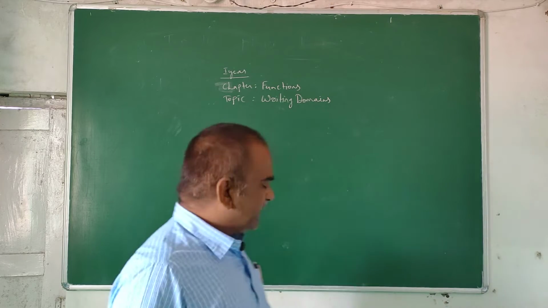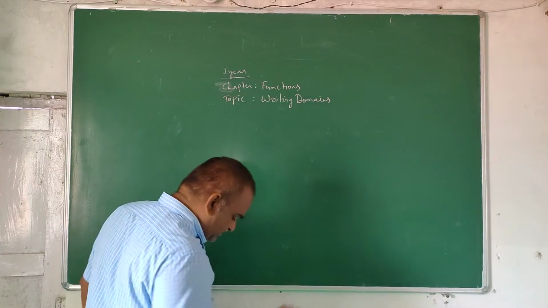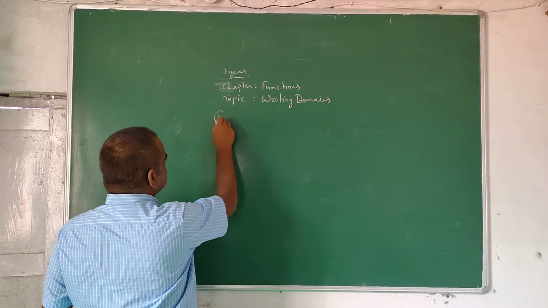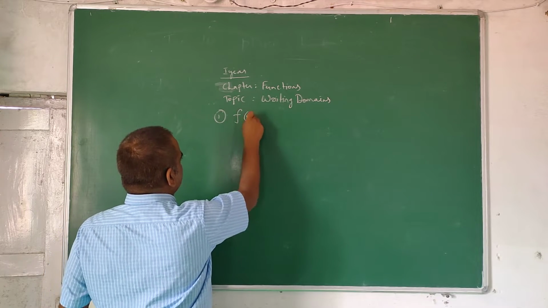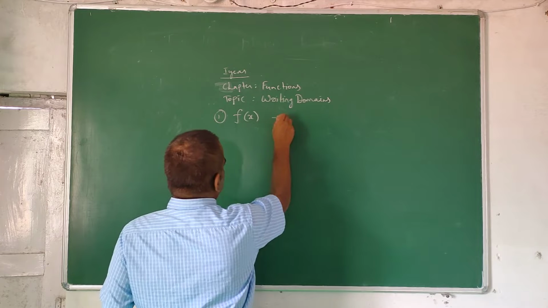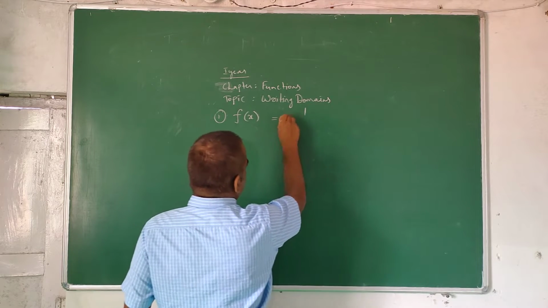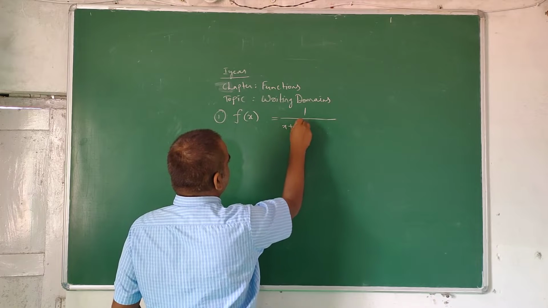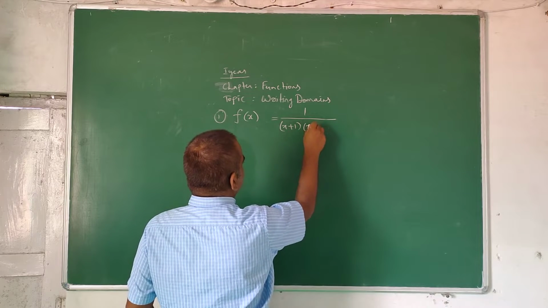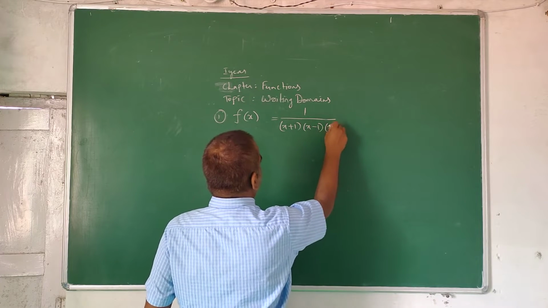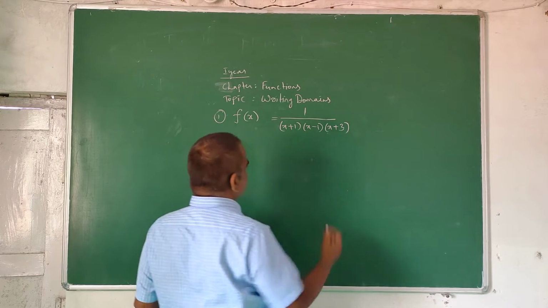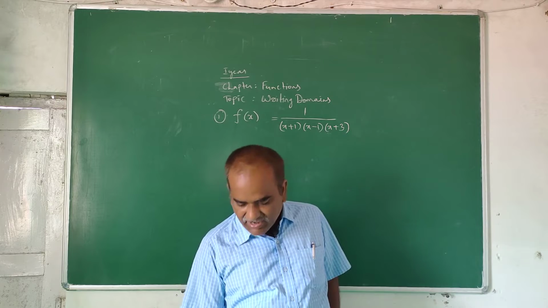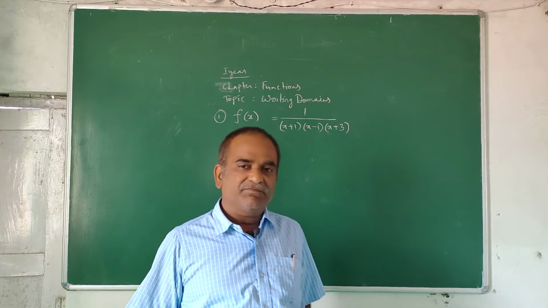So under the heading, first problem which we are doing is f of x is equal to 1 by x plus 1 into x minus 1 into x plus 3. So we have to write the domain of this real function.